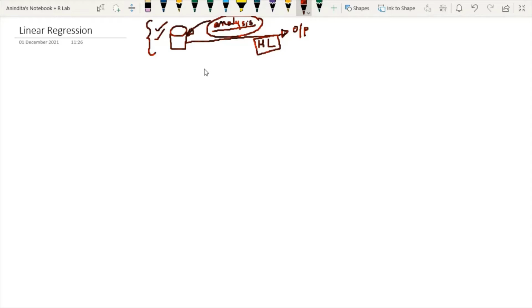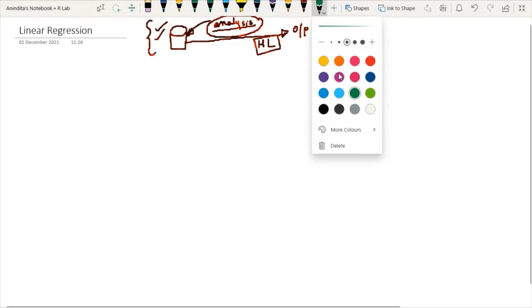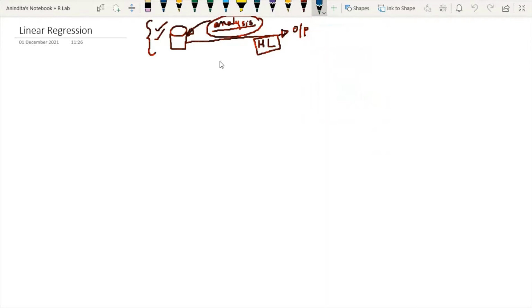First we have to focus on what this linear regression is and why we are concerned about it. And then we will perform some coding, right? Now if you ask me, what is linear regression?